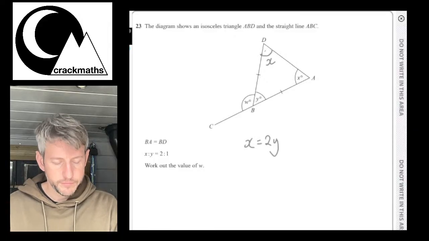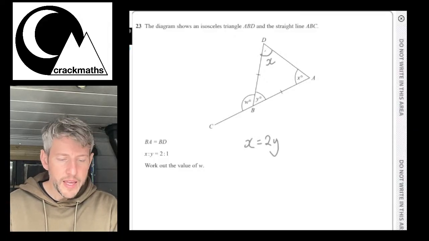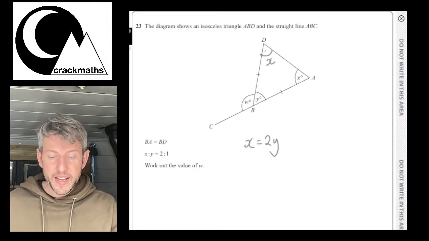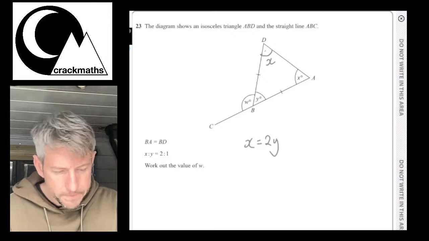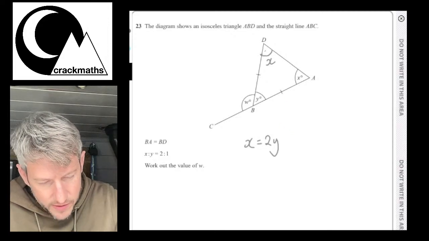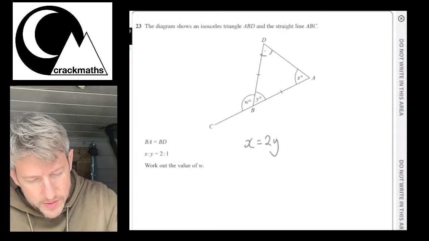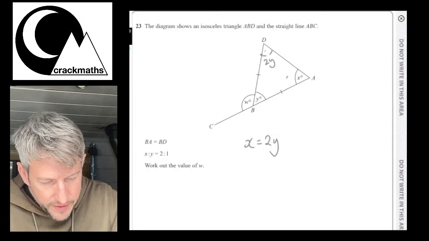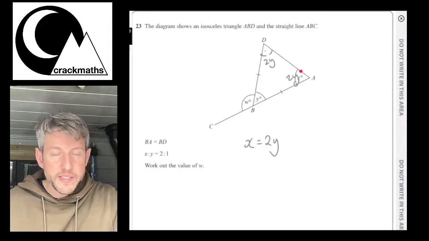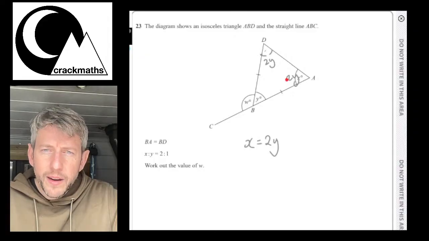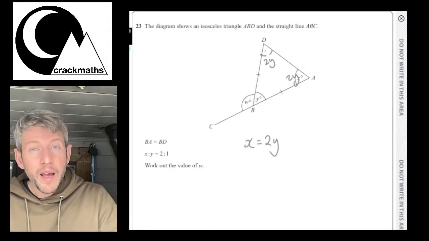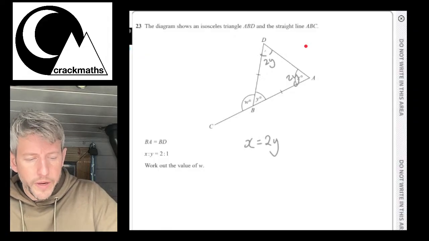So what I'm going to do is replace these x's with 2y. So this is 2y, this is 2y. And then we've got all of the angles inside the triangle in the same form. Now, angles inside a triangle equal 180.